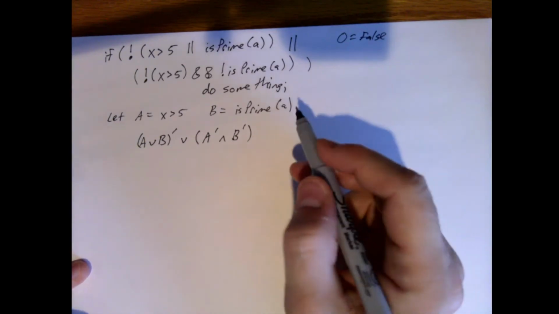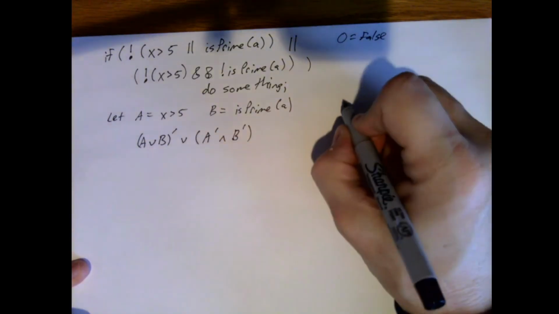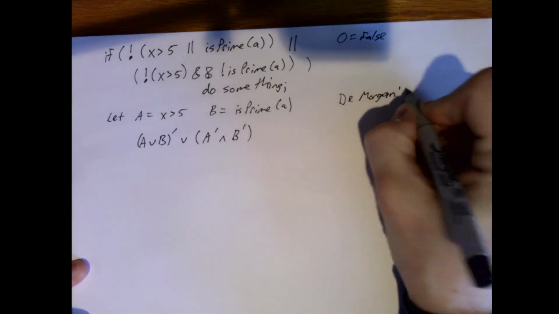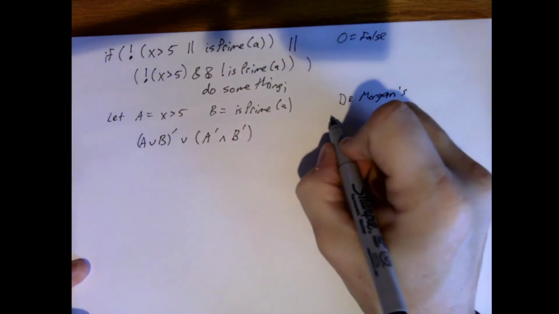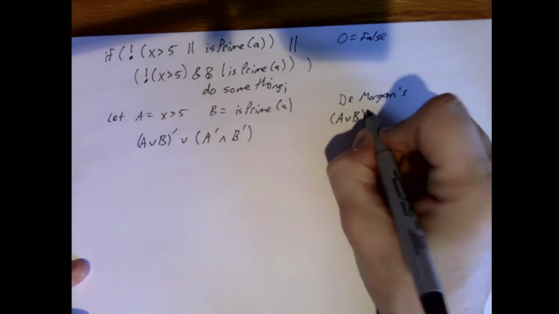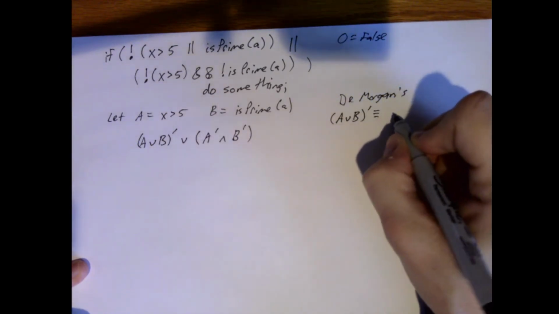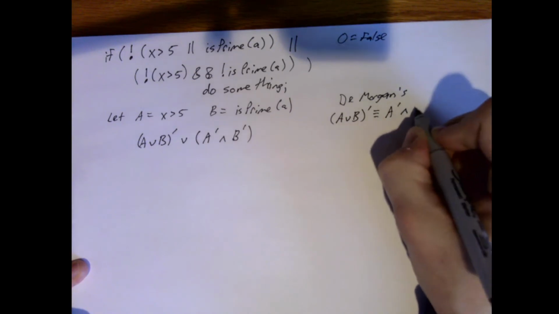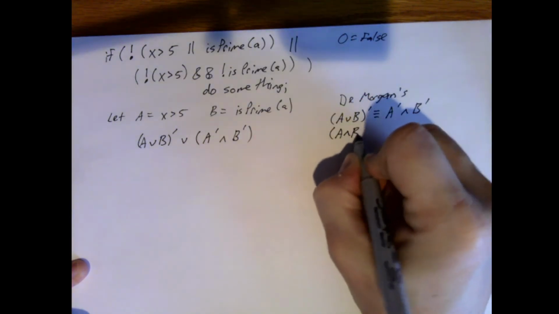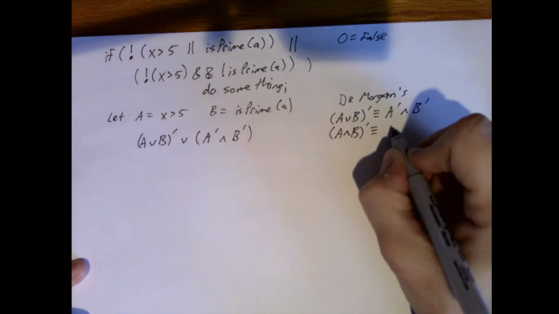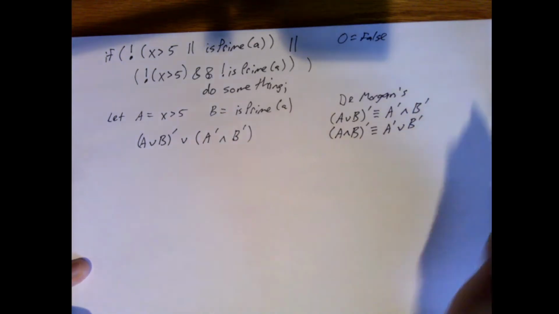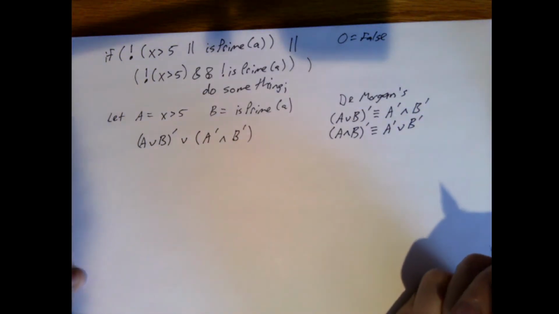So we saw De Morgan's laws. And they said this. They said that A or B negated was equivalent to not A and not B, and that A and B negated is equivalent to not A or not B. Okay?